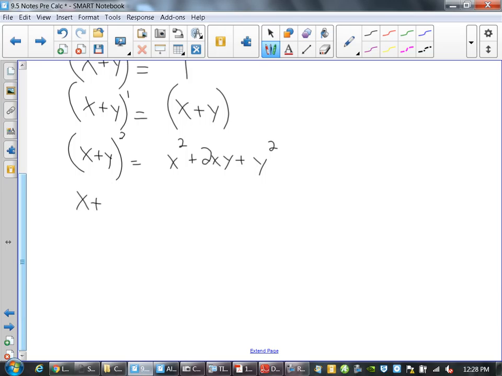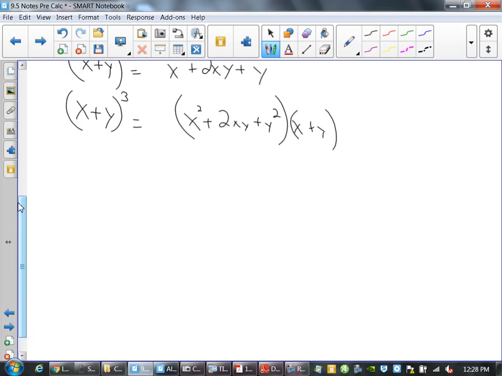If I cube it, it's taking a squared term and then FOILing it out again. Do you agree? So just so we can see what is happening, if I take x squared plus 2xy plus y squared, and I multiply it by x plus y, I distribute out.